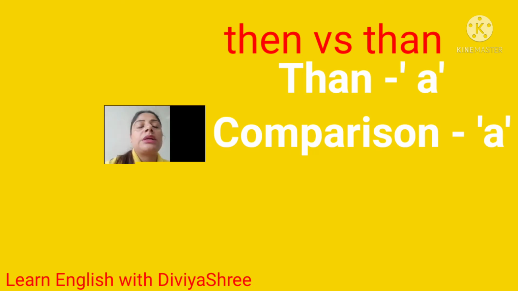So guys, let's see how you can differentiate the use of "than" and "then." The best trick is to focus on the letters that are different. In "than" there is an A, and in "then" there is an E. "Than" is used for comparison.